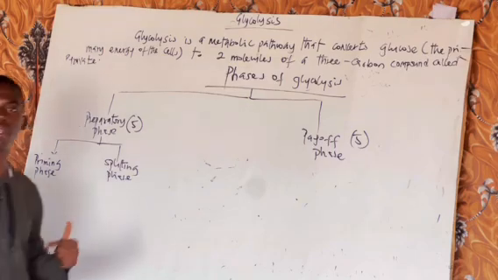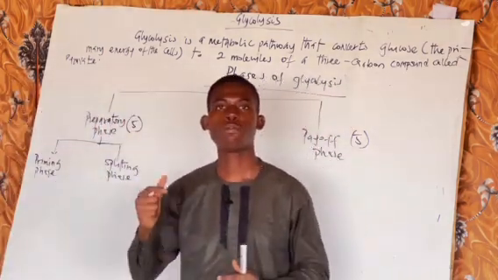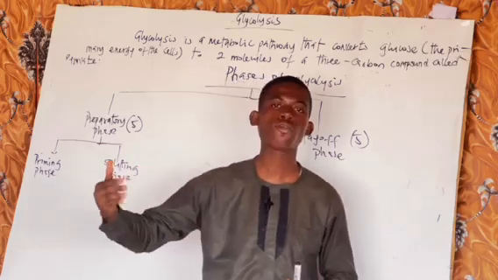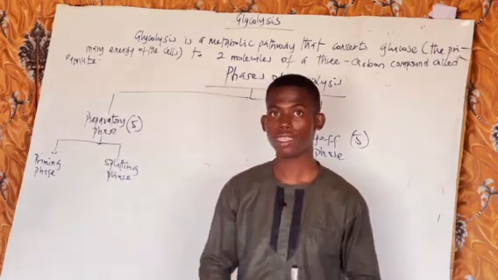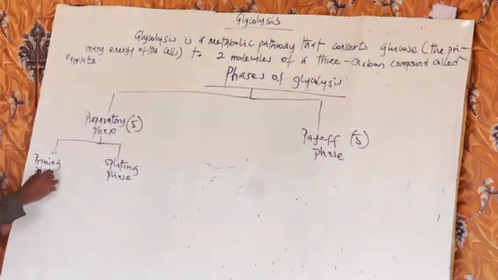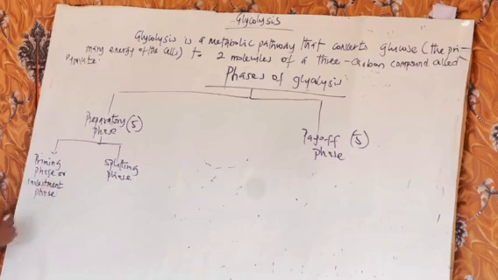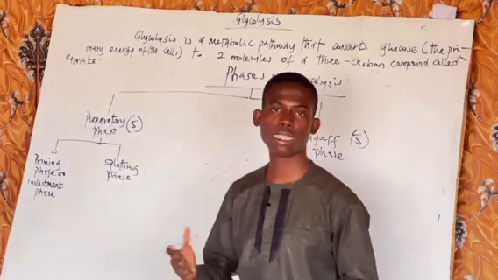It's called the priming phase because energy is invested in form of ATP for subsequent breakdown of the glucose molecule. So another name for the priming phase is the investment phase. The priming phase runs from glucose down to fructose 1,6-bisphosphate.